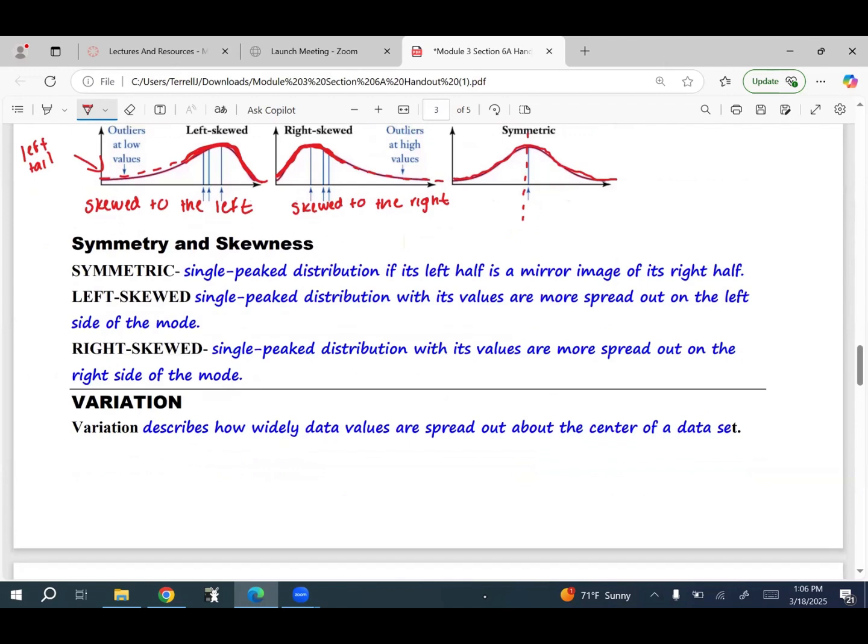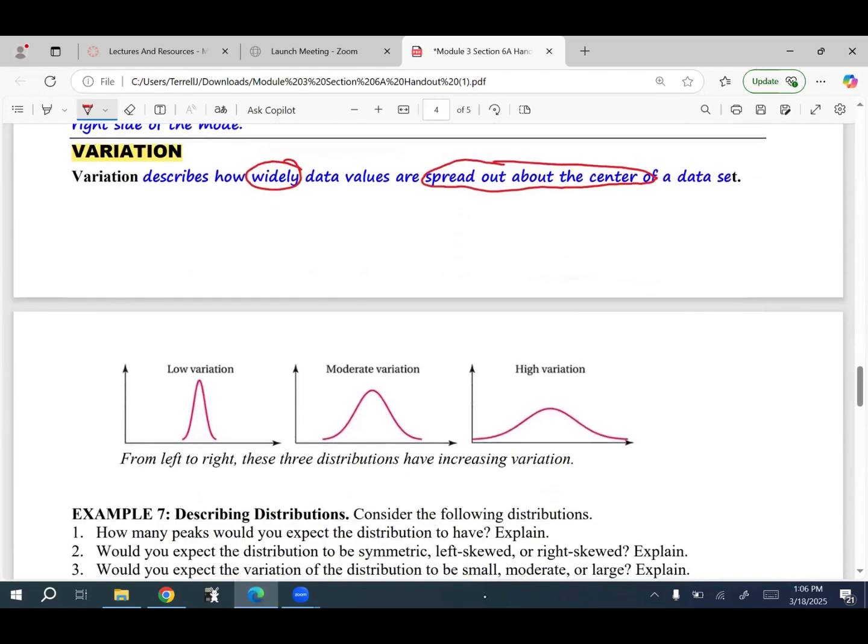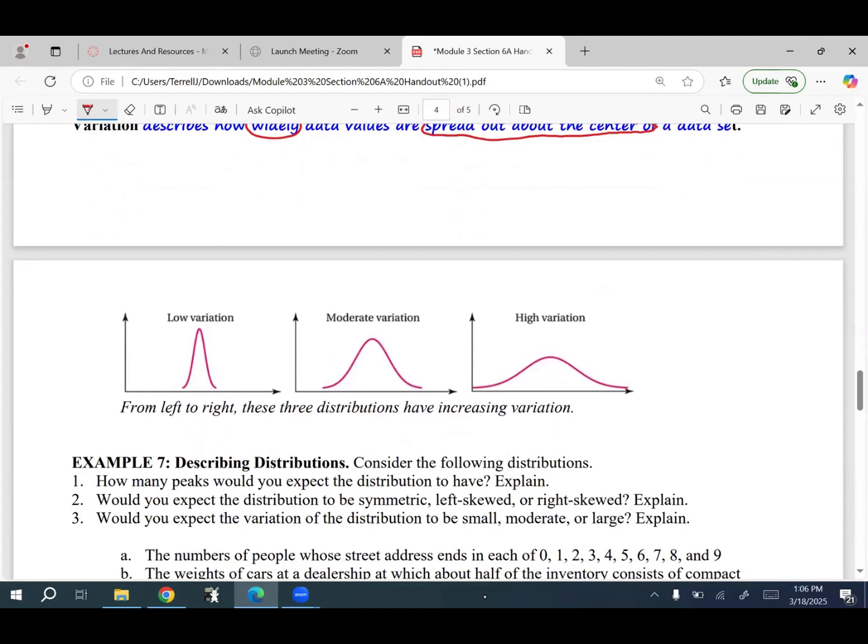And then the last thing we discuss is variation. Variation essentially is how spread out the data is from the center. We're looking at how wide is my data set. So if you take a look at the next page, we have options of low variation, moderate, or high.